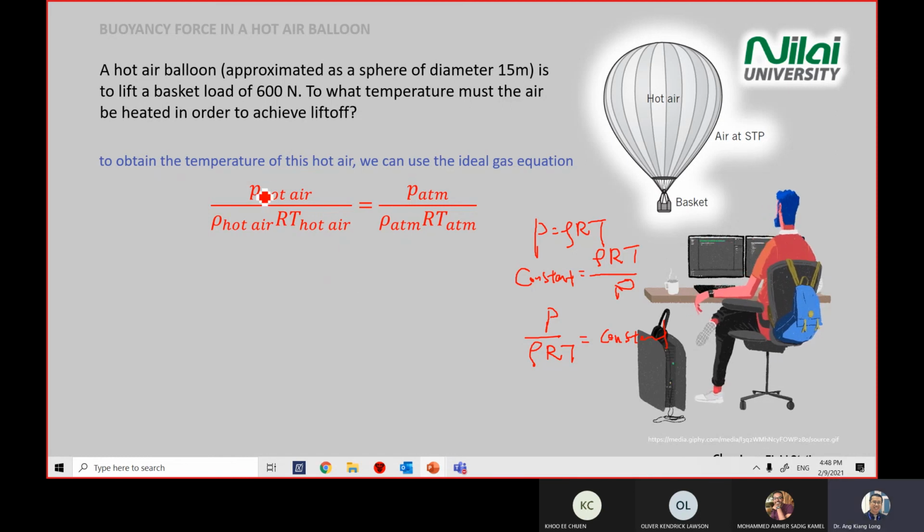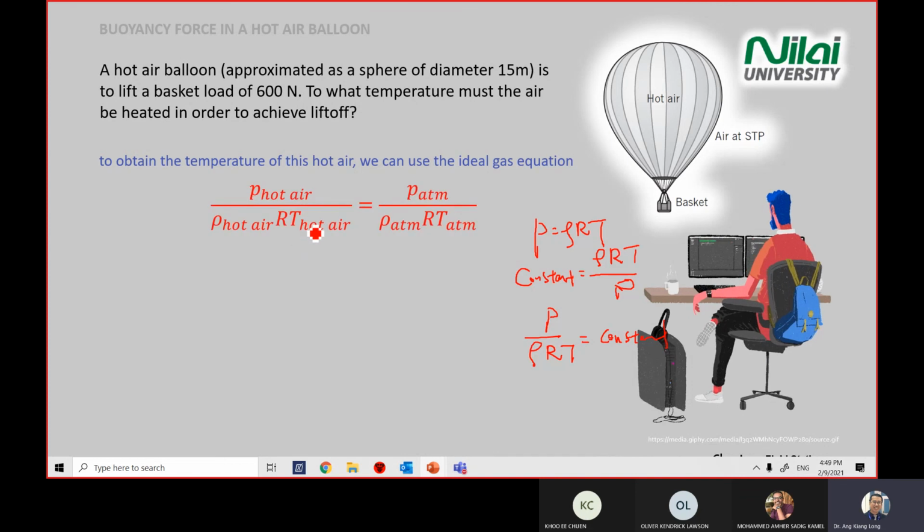So we have P hot air divided by rho hot air RT hot air. And again, when you use the temperature here, you need to be careful on the R that you use. The R is the gas constant value that, if you refer to a standard chart, is in Kelvin. It's in Kelvin, not Celsius. So at the end, when you calculate, your answer will arrive in Kelvin.